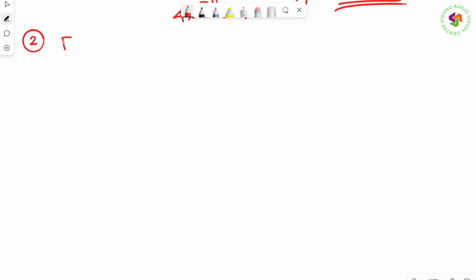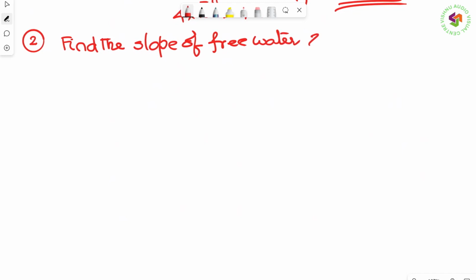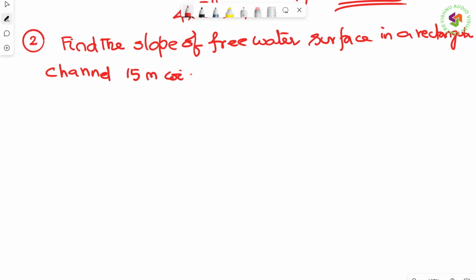Find the slope of the water surface in a rectangular channel 15 meters wide and 3 meters deep.